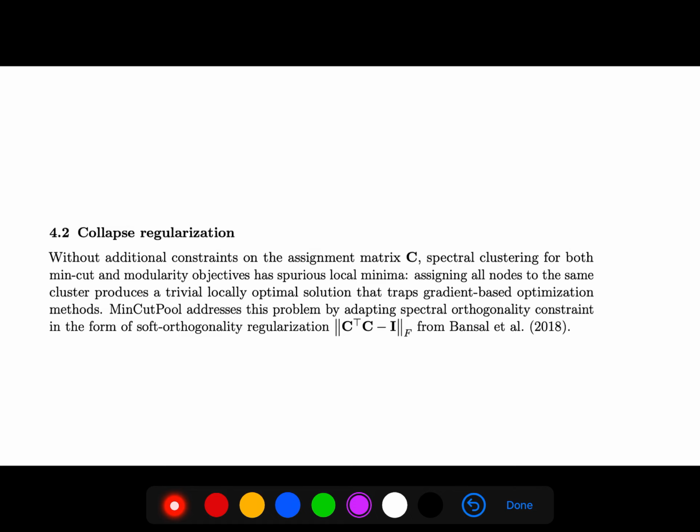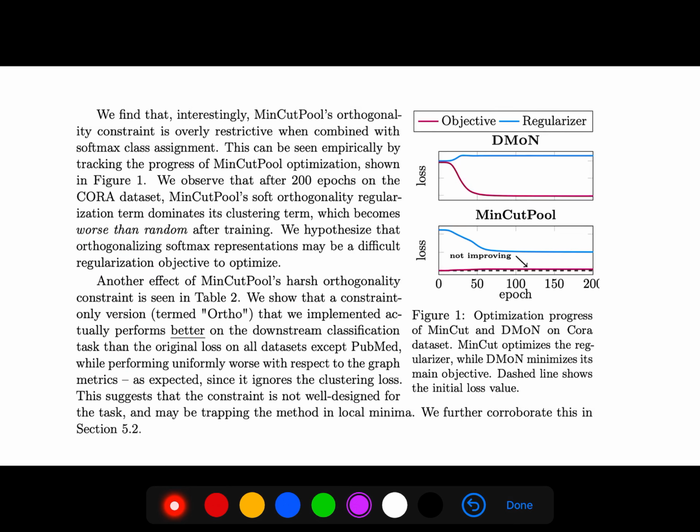MinCut pool addresses the problem. For example, in that MinCut pool video, I said that we can have soft orthogonality regularization to avoid such trivial cases. And you see that they have better training if you use their approach in comparison to MinCut pool.